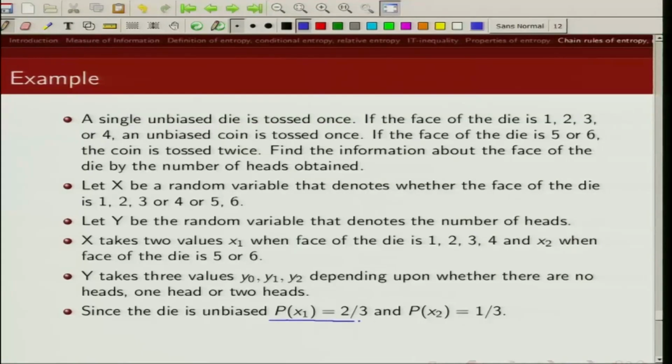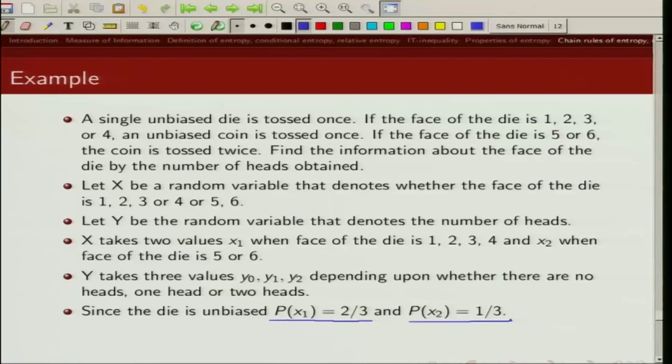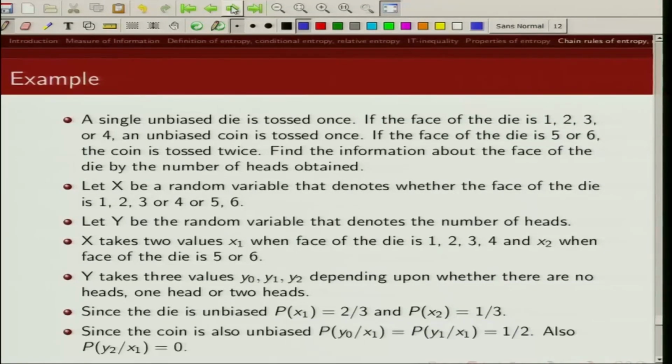I have already mentioned that the probability of getting x1, which is the probability of getting face 1, 2, 3, 4, is 2 by 3 because it is a fair dice, and the probability of getting 5 or 6 is 1 by 3. Similarly, if I get x1, the dice face value 1, 2, 3, 4, I am tossing the coin once.